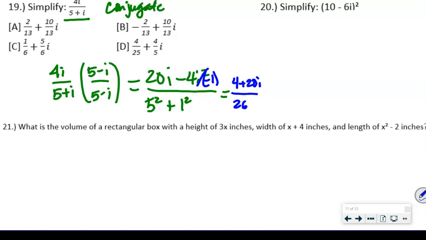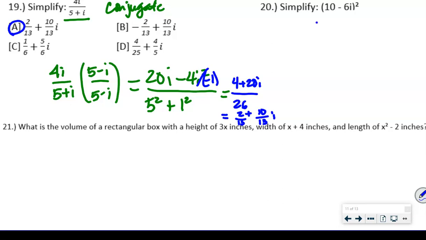So this is all going to reduce, isn't it, guys? It is. So this is going to end up being 2 plus 10i over 13, and 13, right? So the answer to this one was A, I do believe. Yep. All right.